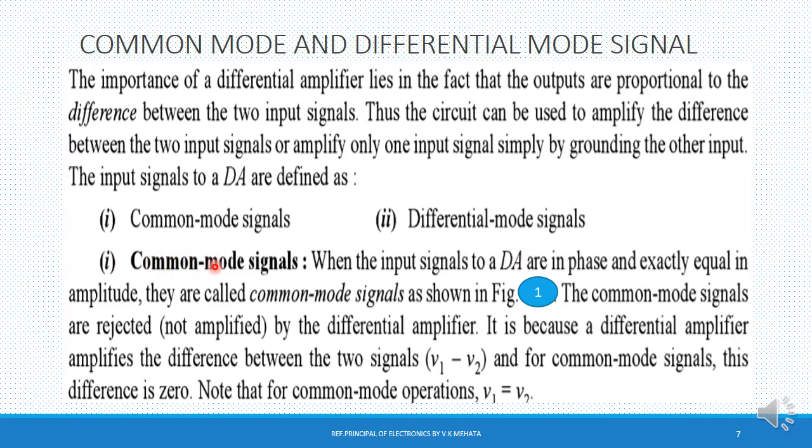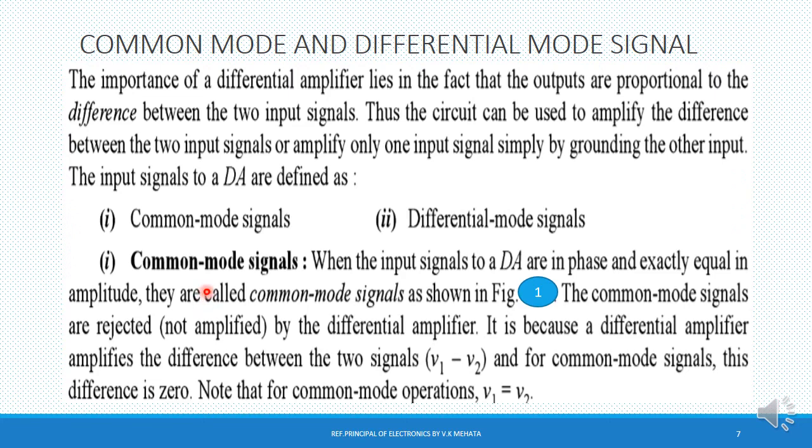Here by the name also we can explain, common mode signals means the signals are common. In electronics, when we say the signals are common, it means their amplitudes are the same and the phase is also the same. If the phase and amplitudes are the same, then we say the signals are called common mode signals.